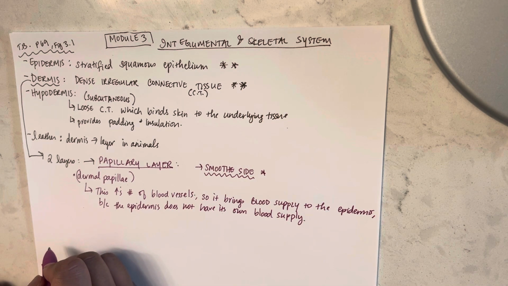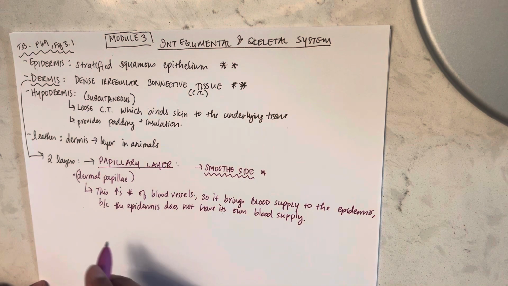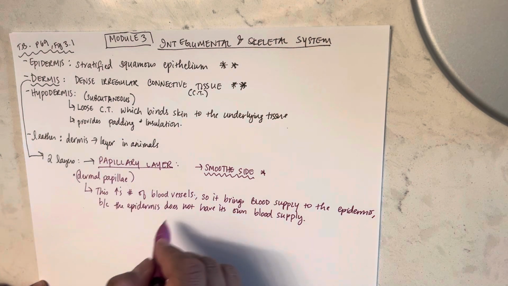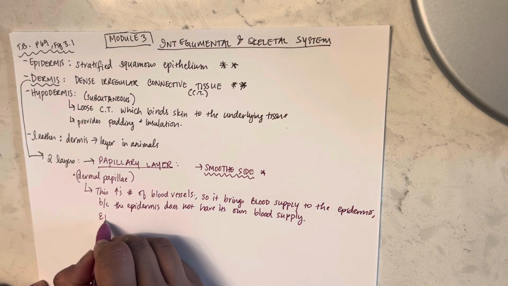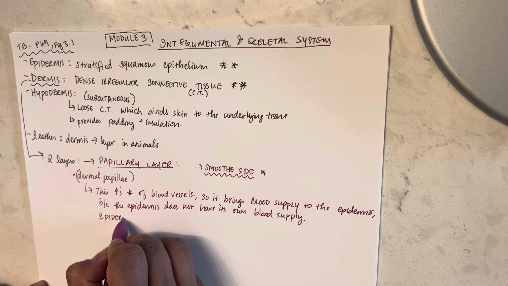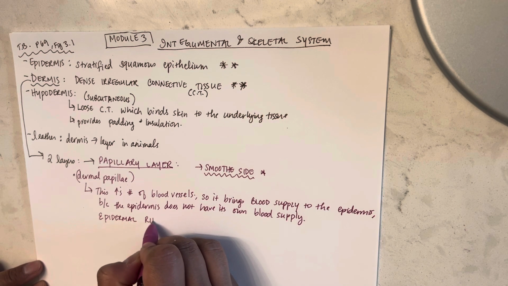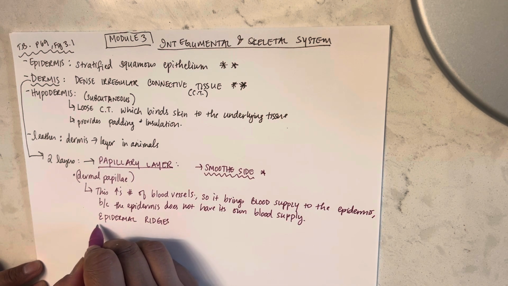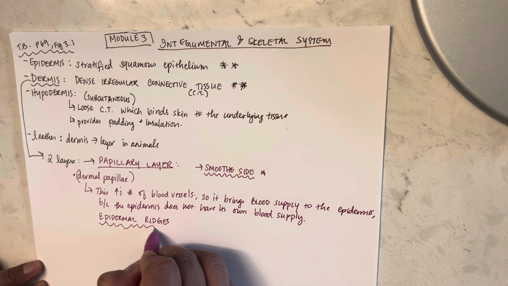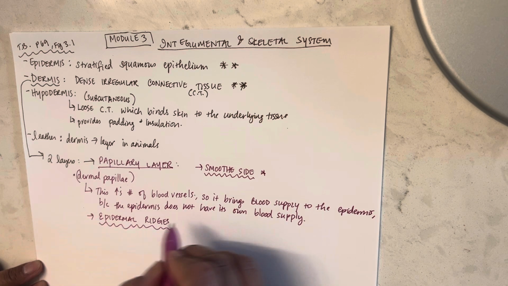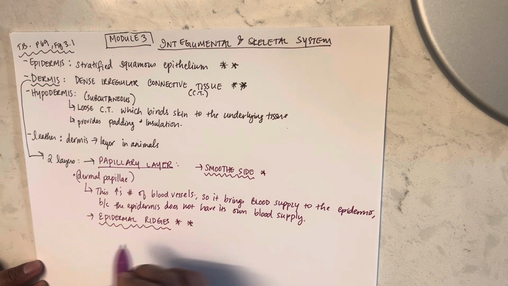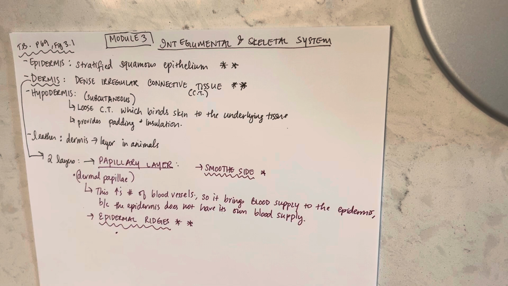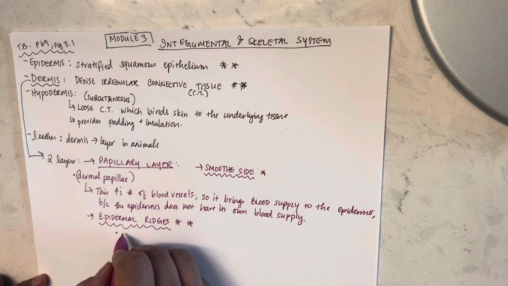Okay, so let's talk about epidermal ridges in the papillary layer. This is important and you will need to know this. Okay, the epidermal ridges are what gives fingerprints and footprints.